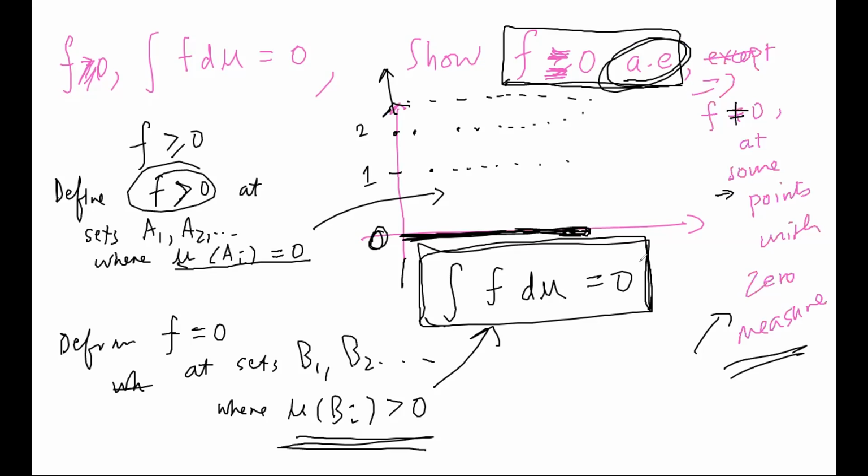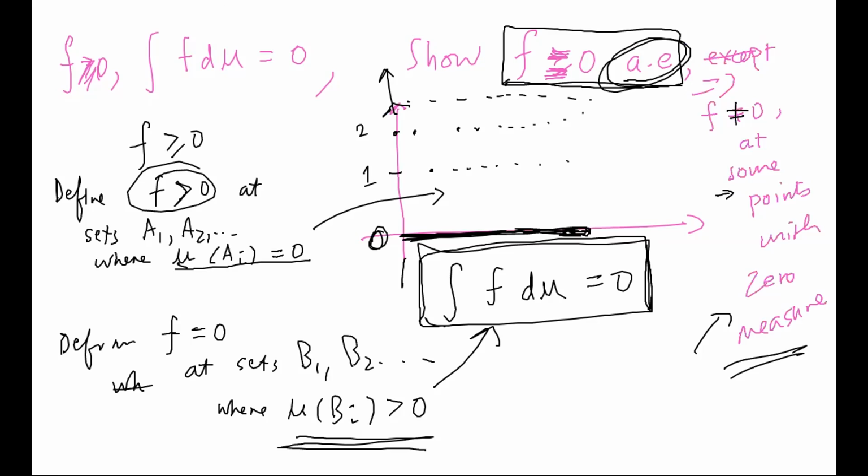Is it okay for you, this example? It's just to have some exercise on the term almost everywhere so that you don't forget about it. What exactly does it mean when you say almost everywhere?